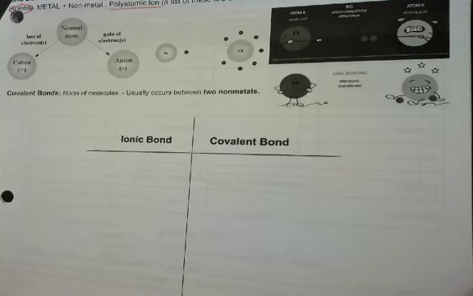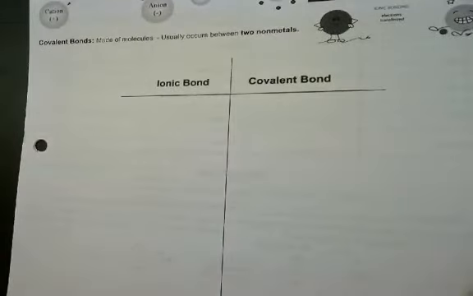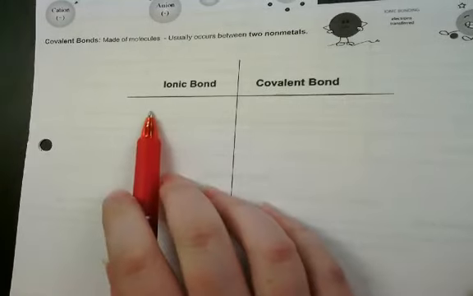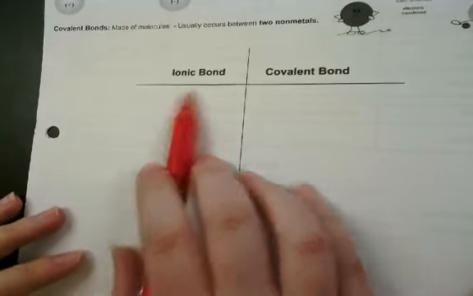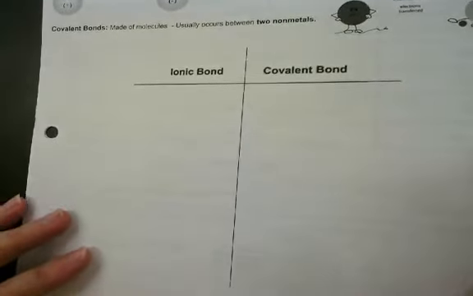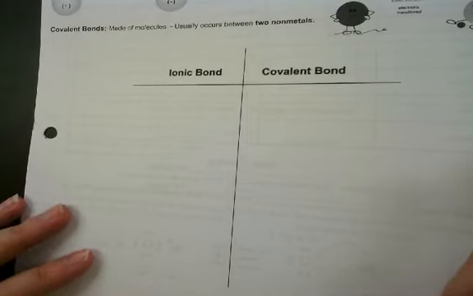Okay, so let's fill out this little T-chart, and we're going to talk about the differences between them, okay? So, whenever you have an ionic bond, what did I say you're going to have in order for it to be ionic? How are you going to identify it?